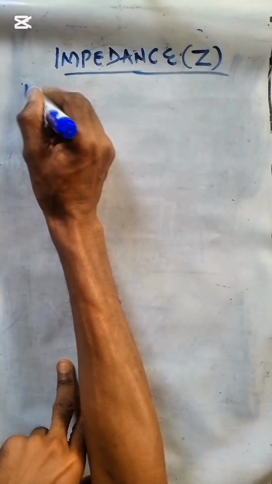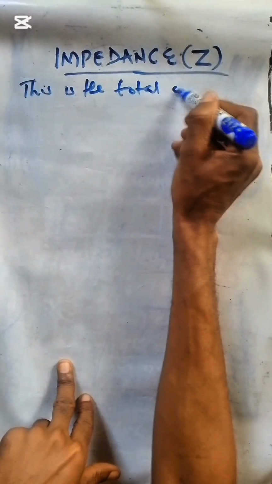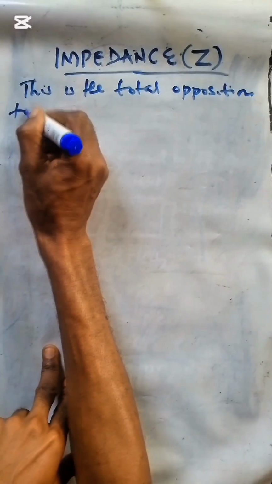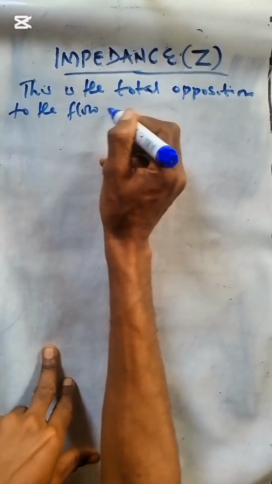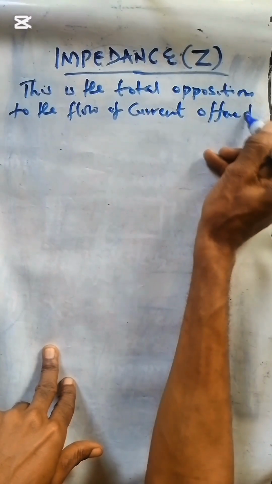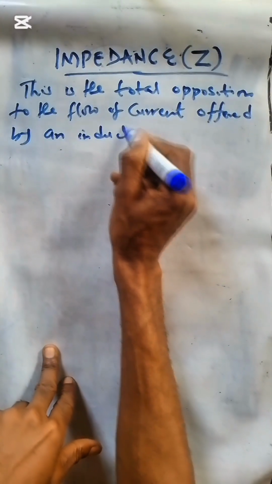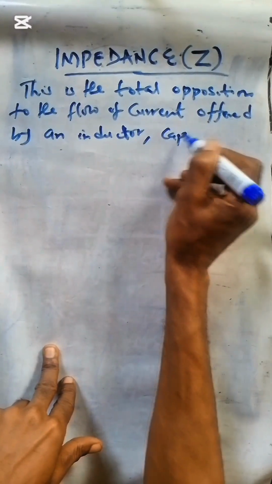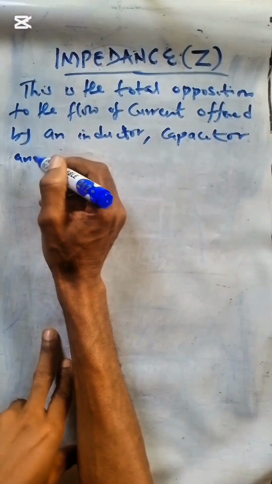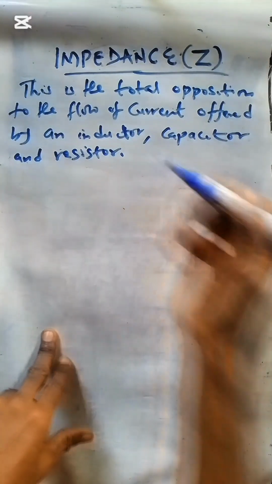We say impedance is the total opposition to the flow of current offered by an inductor, capacitor, and resistor.